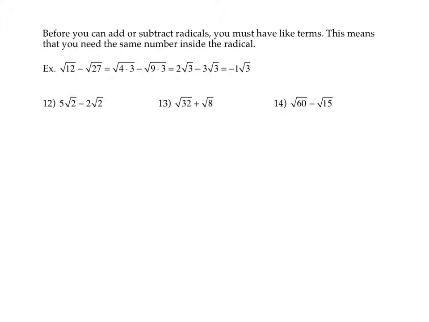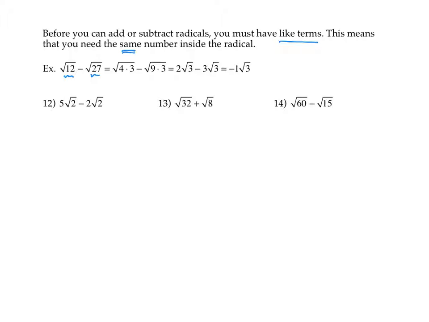Okay, radicals have a lot of rules, and the next rule involves adding and subtracting. Before you can add or subtract radicals, you must have like terms. This means that you need the same number inside the radical. If you take a look at my example, we have the square root of 12 minus the square root of 27. Different numbers inside the radical. So notice that we're going to simplify each of them first.